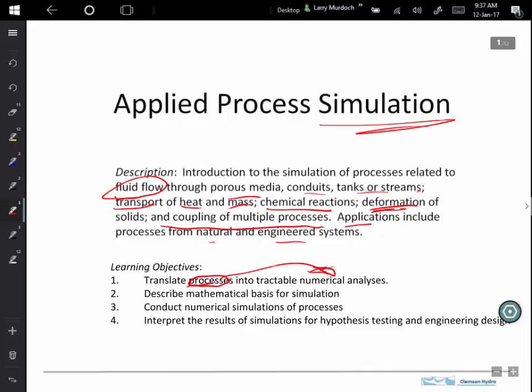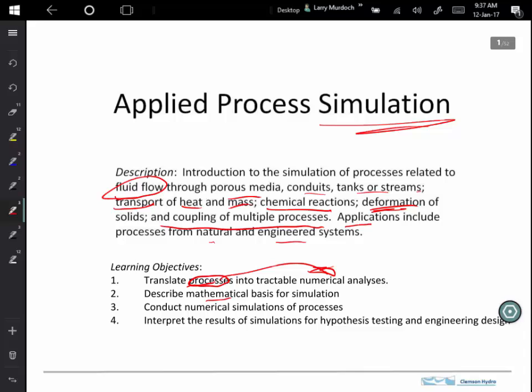We're going to be doing lots of simulations, but in order for that to be interesting and meaningful, you have to be able to go from the actual processes to numerical analyses that you might conduct. And then you need to be able to describe the mathematical basis for the simulation. So it's not just good enough to be able to translate it into numerical analysis. You have to know what you're doing enough to describe it to somebody.